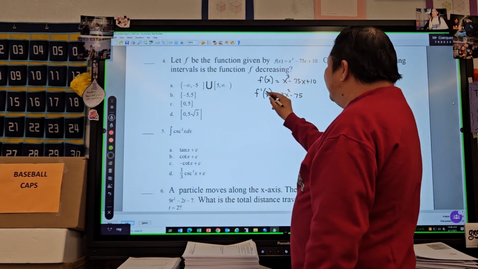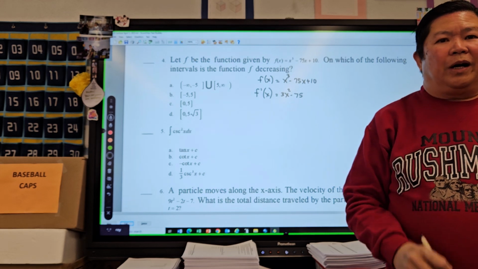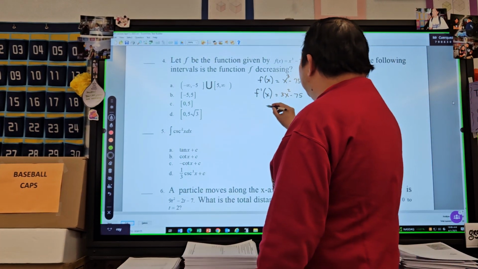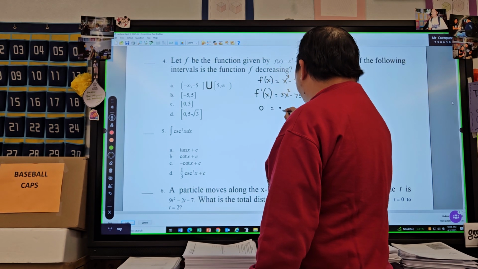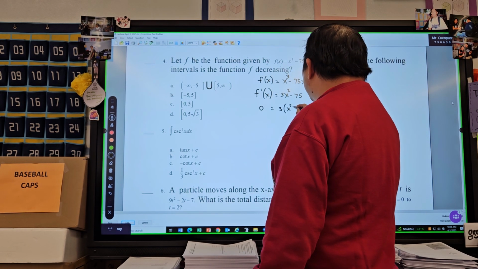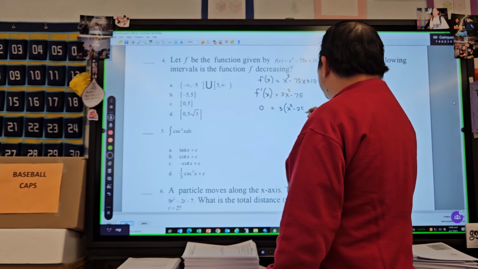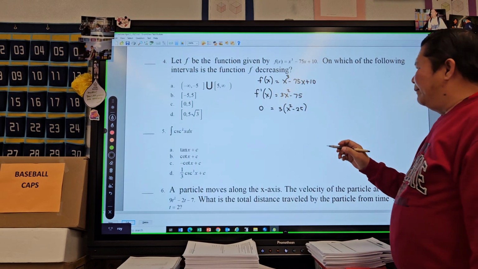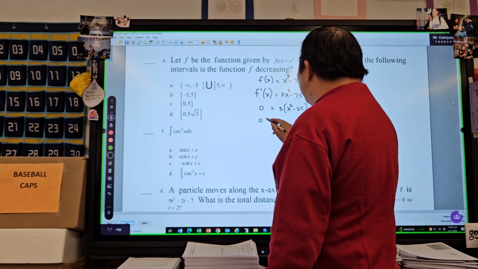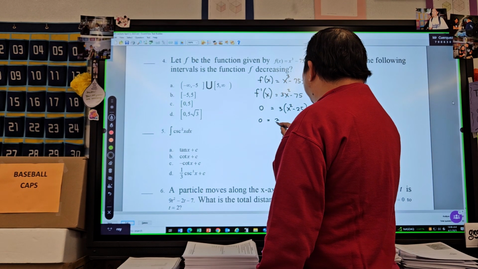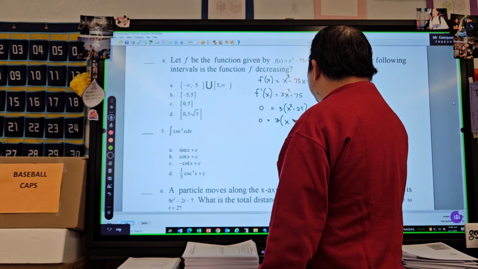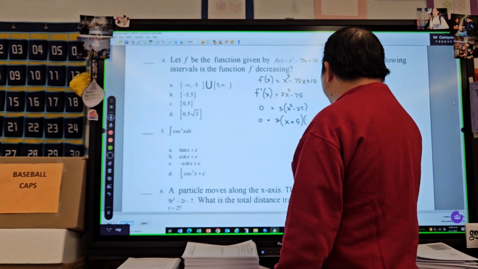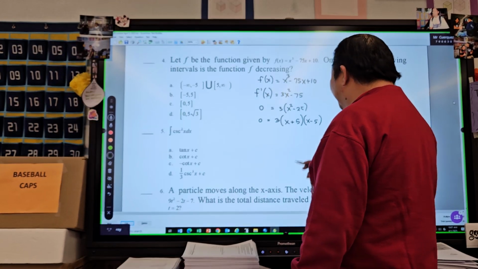Then we're going to set f prime as 0. So 0 is equal to 3, and then x squared minus 25. But we can still factor the x squared minus 25. So we have 0 is equal to 3, and then x plus 5 and x minus 5.